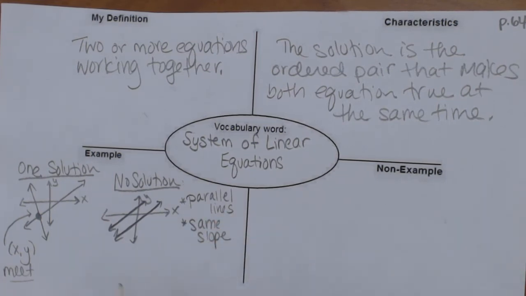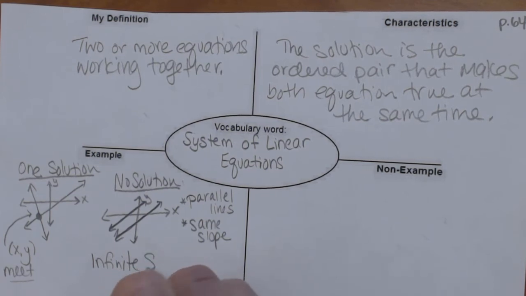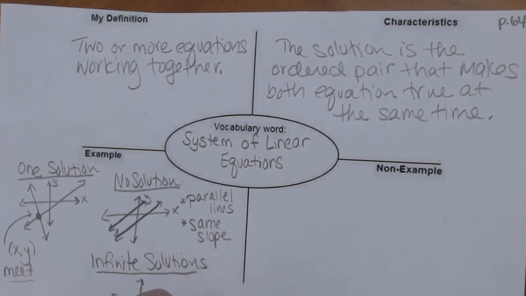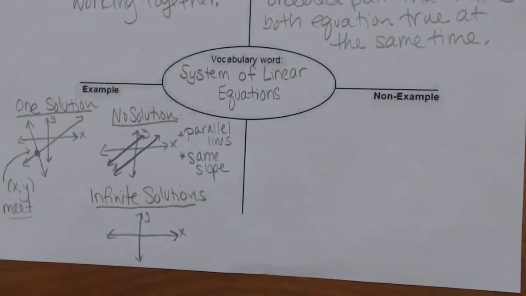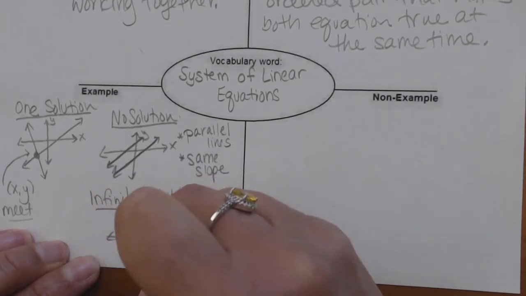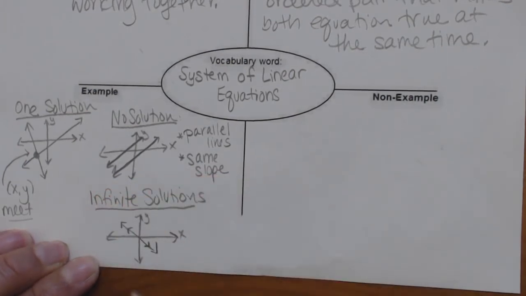The last type of solution is infinite solutions. Again, I'm going to draw a little picture. Remember, infinite solutions is when one line is on top of the other line. When I draw my lines, I'm going to put two sets of arrows, a smaller set and a larger set, to show you that this is one line on top of the other.